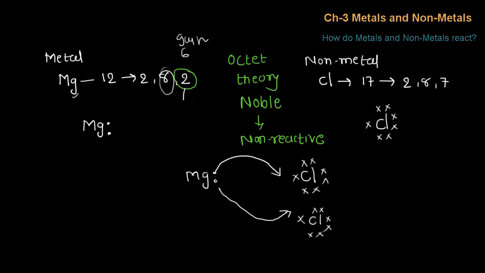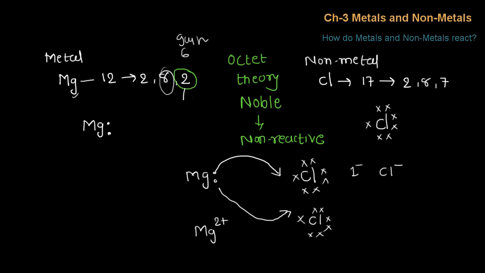Magnesium loses 2 electrons. Therefore we can write Mg2+, a 2 plus charge will come. Chlorine gains 1 electron. Then it will have a negative charge, Cl minus. We know that anything gaining an electron will have a negative charge.